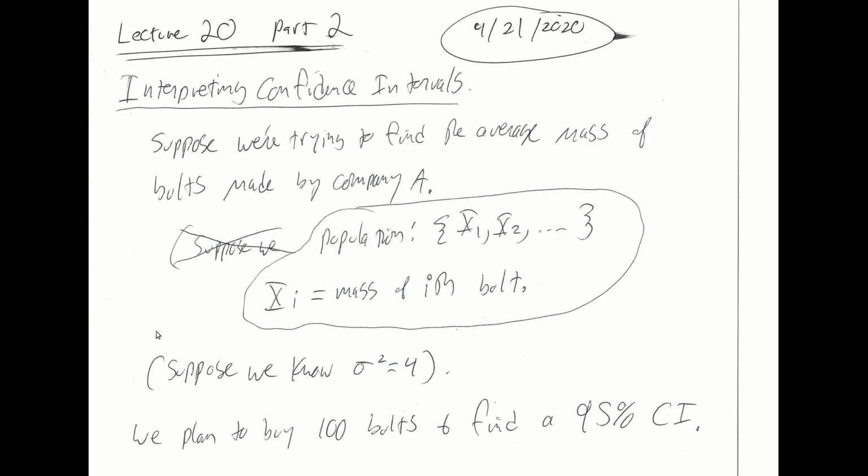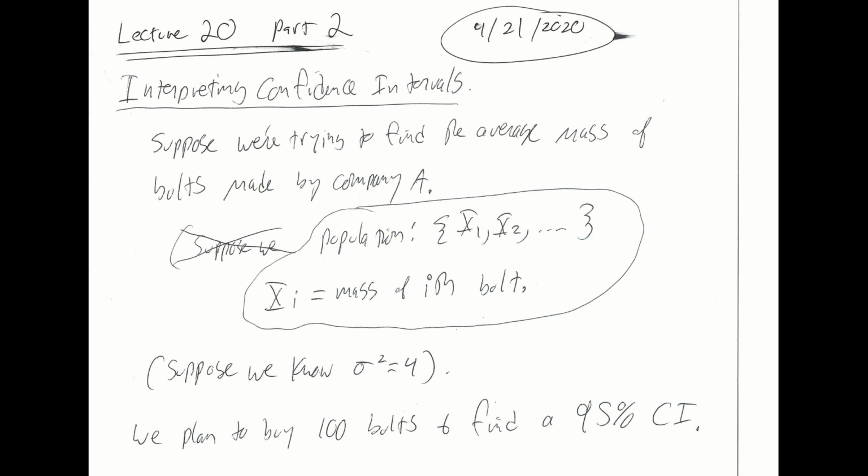So, let's suppose that we are trying to find the average mass of bolts manufactured by a given company. We have a population, and each random variable in this population represents the mass of one of the bolts that this company could conceivably produce and ship to us. So the mass of the first bolt that they would ever ship to us is x sub 1, the mass of the second is x sub 2, and so forth.